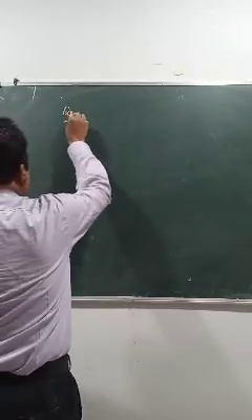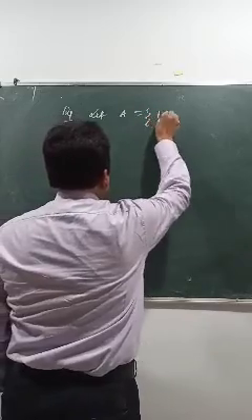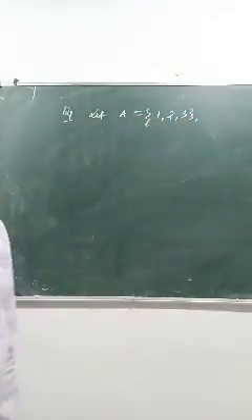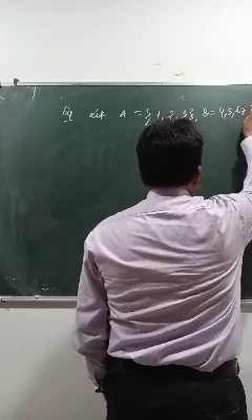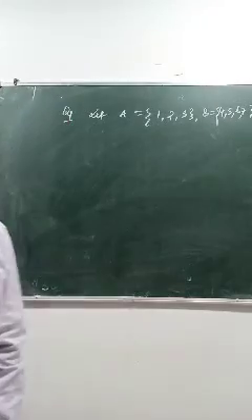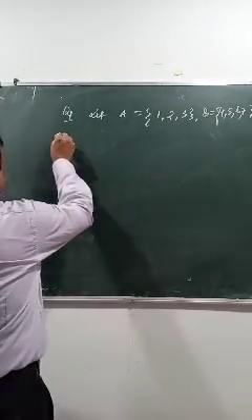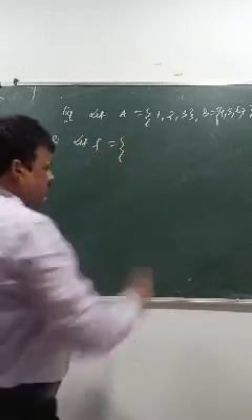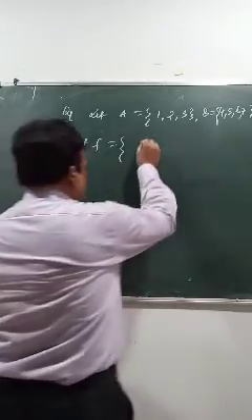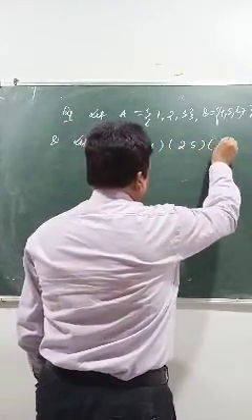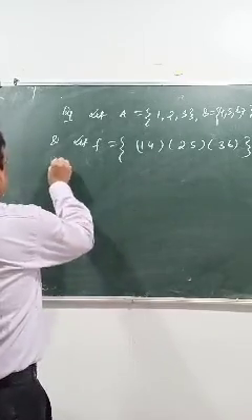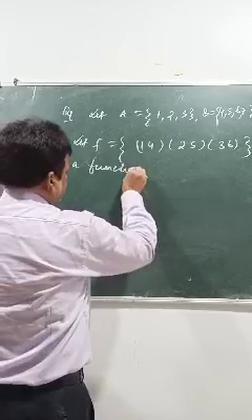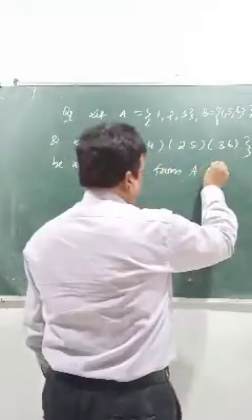Question number 1. Let A equals {1, 2, 3}, B equals {4, 5, 6, 7}, and let f be given as the ordered pairs (1,4), (2,5), (3,6).